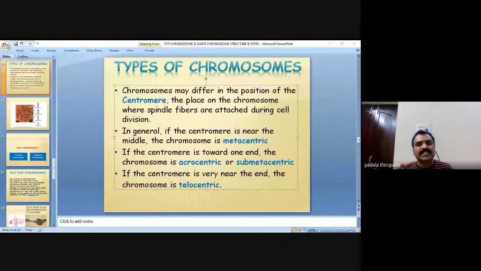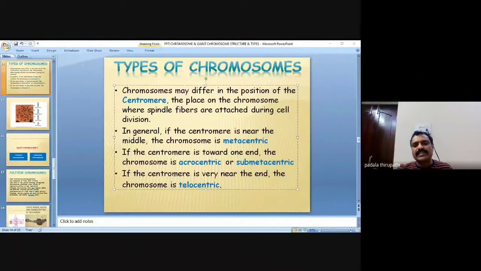Based on the centromere position, we divide them into 4 types. In the metacentric chromosome, the centromere is in the middle or center of the chromosome. Submetacentric means the centromere is nearer to one end of the chromosome. The fourth one is telocentric.